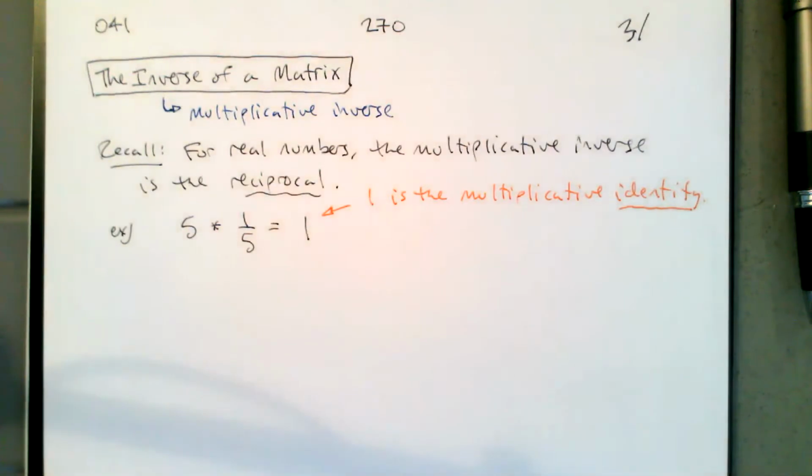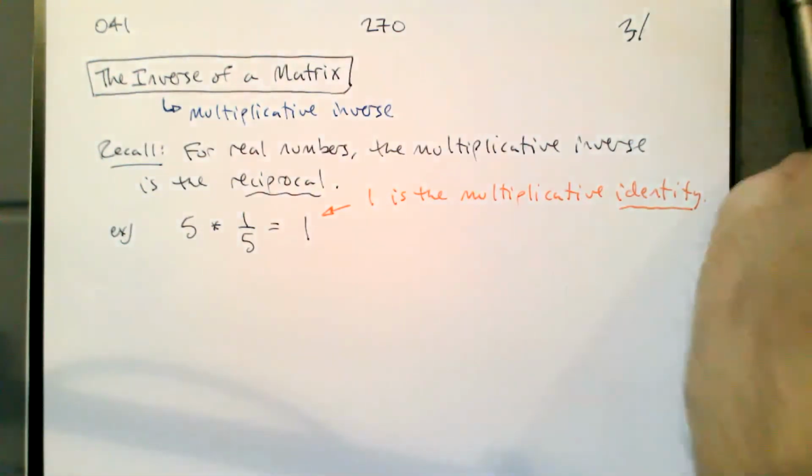So 1 is the multiplicative identity. An identity element is an element that doesn't do anything under the operation. 1 times what you start with is just what you started with.